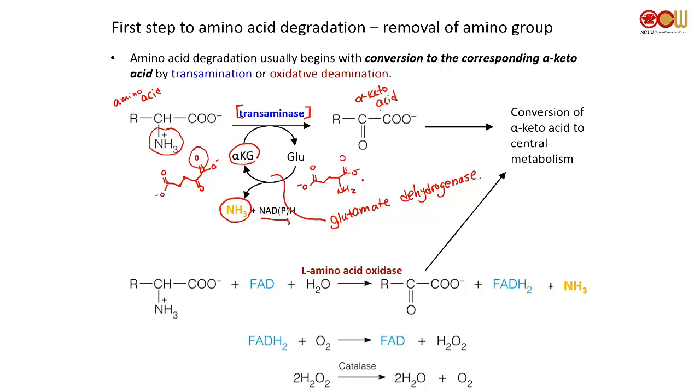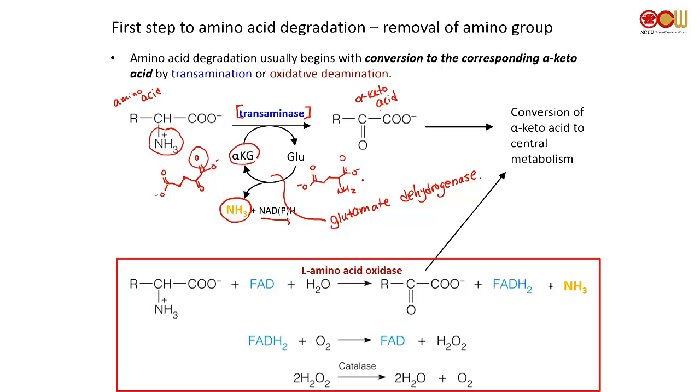In order to do the oxidation, you react it with FAD and produce FADH2. Then FADH2 can react with oxygen to form hydrogen peroxide, and hydrogen peroxide goes through catalase to form water and oxygen again.